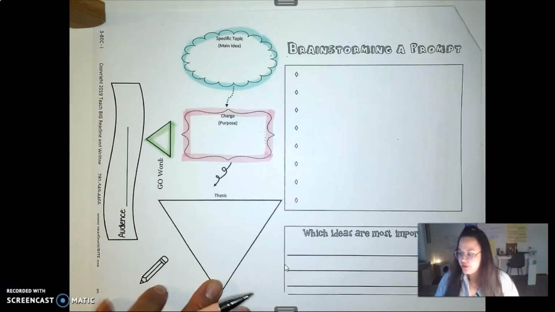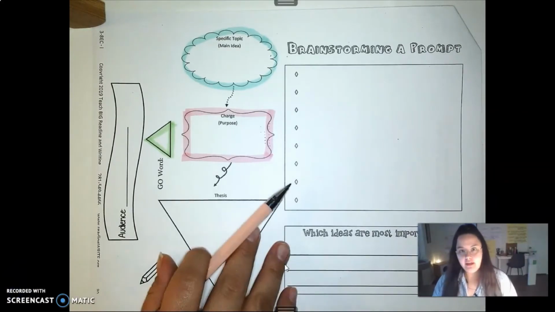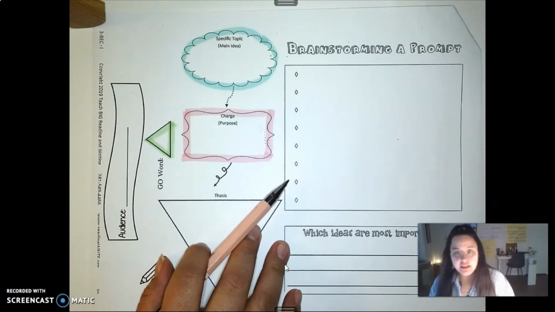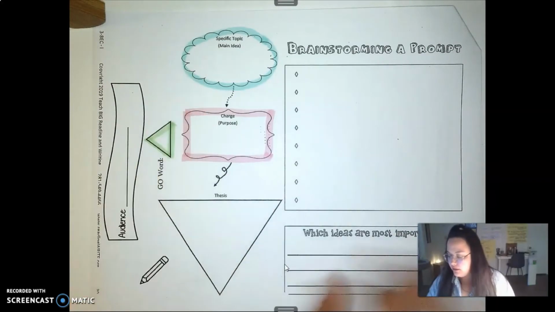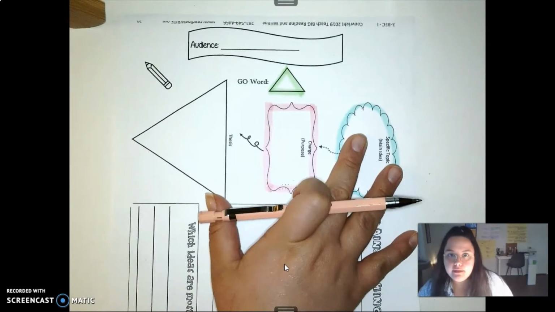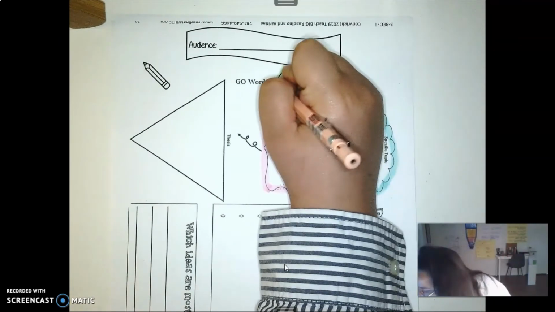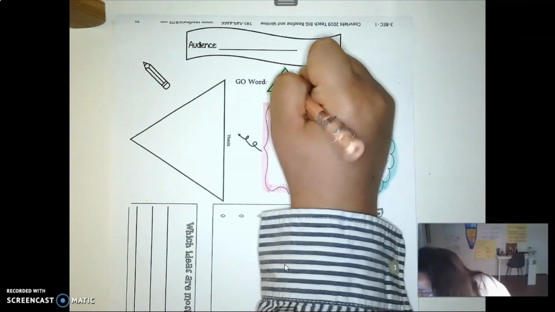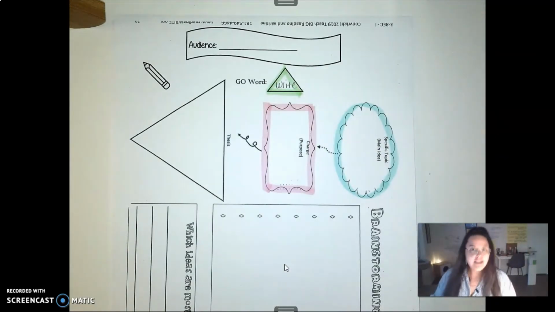So now that we have shaped our prompt, we're ready to start on our brainstorming page. And the first thing we're going to do is fill in these 3 boxes. So our go word was write. Simple. They're asking us to write.